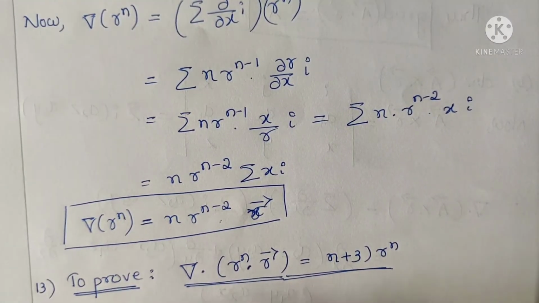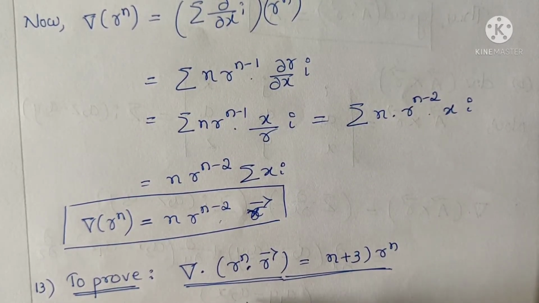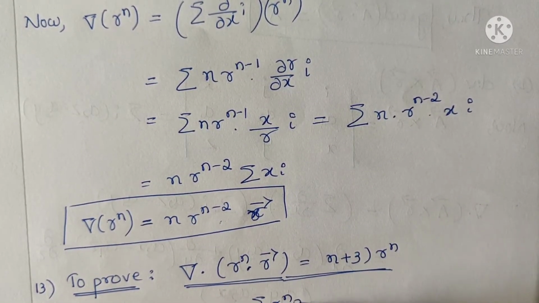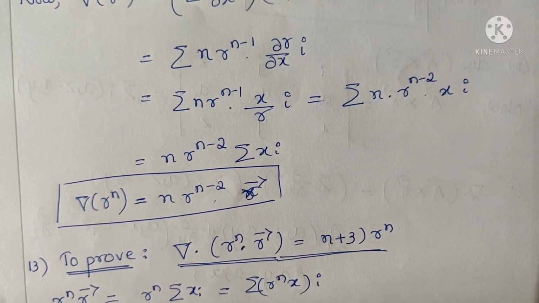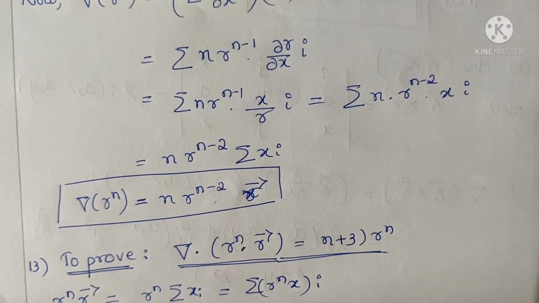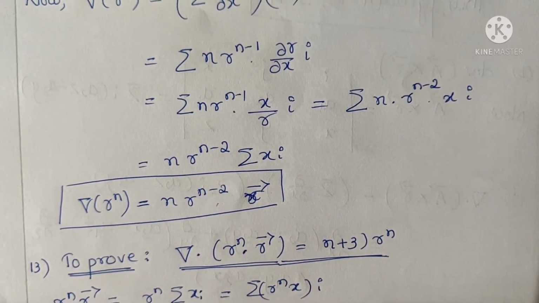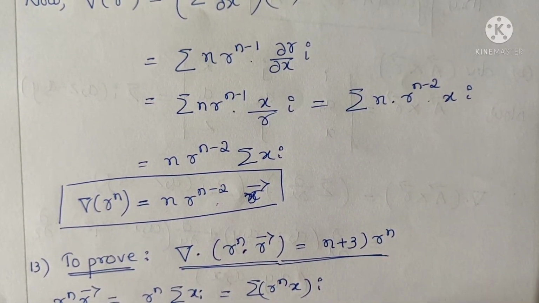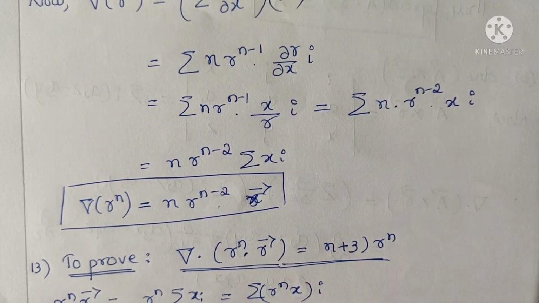So r^n as it is, vector r is summation of x into i. So this is nothing but summation of r^n into x into i. Therefore, del dot r^n vector r is equal to, del is summation of ∂/∂x into i. r^n into vector r is now r^n x into i.